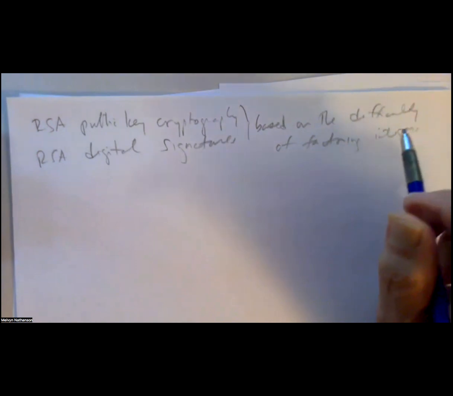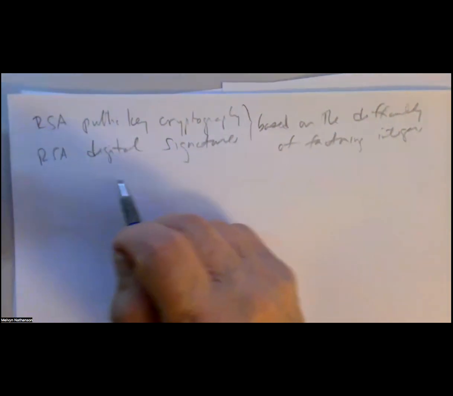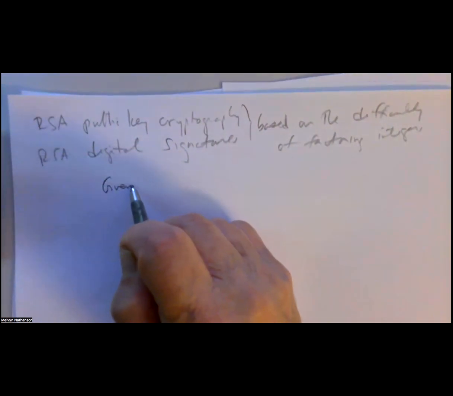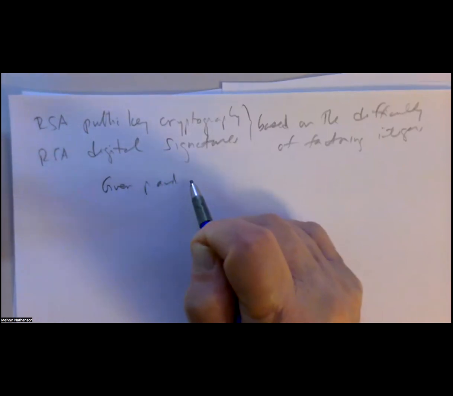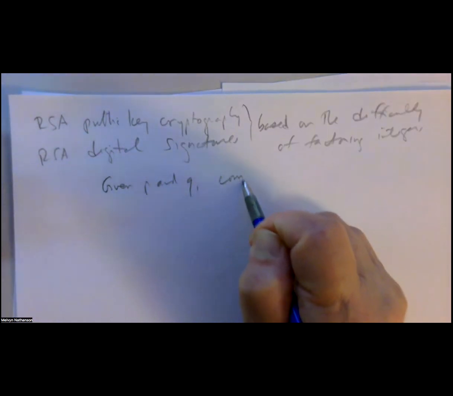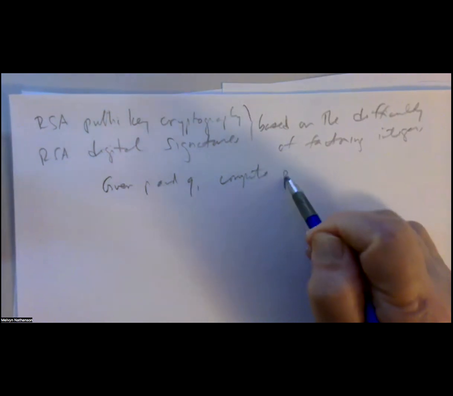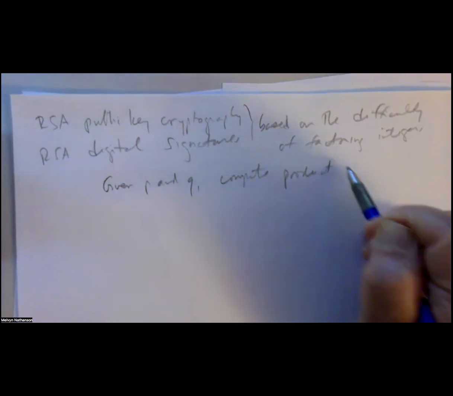That is, given P and Q, compute the product N equal PQ, and that's easy.